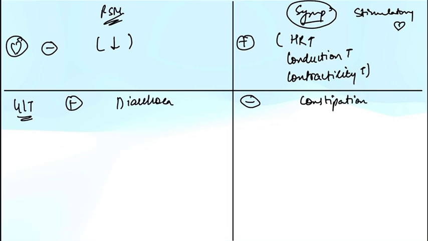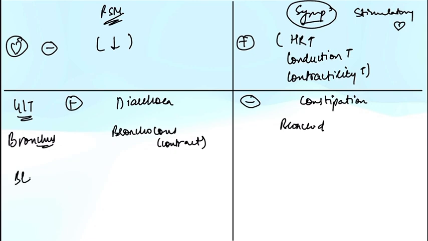Then for the lungs or the bronchus, the parasympathetic will cause bronchoconstriction as it will contract the muscles, and the sympathetic will cause bronchodilation. Then for the bladder, similar to GIT, the parasympathetic will cause an increase in the urine output and the sympathetic will cause a decrease in it.